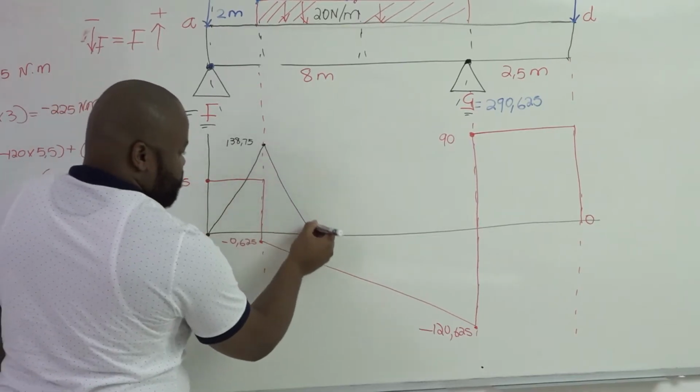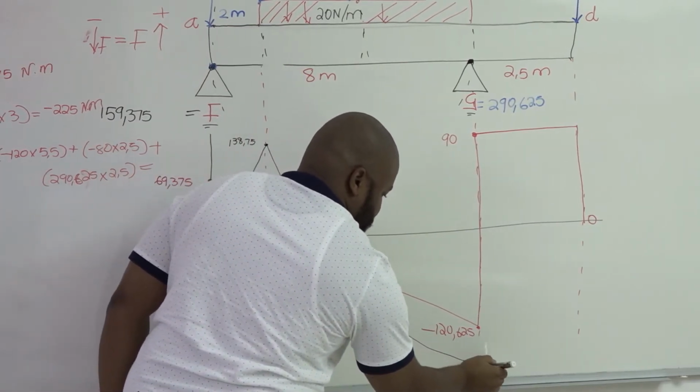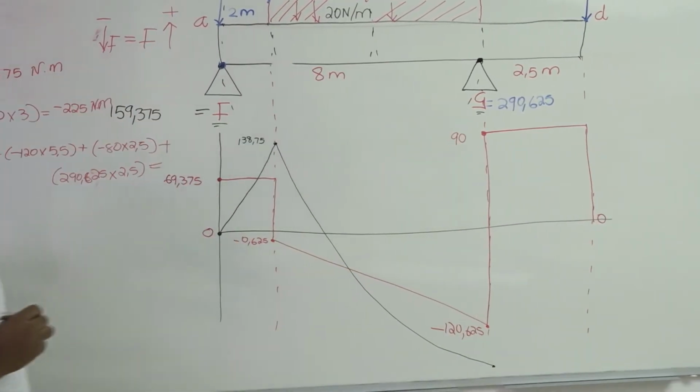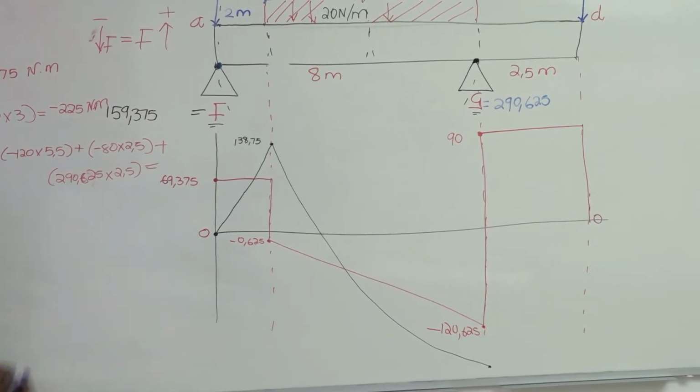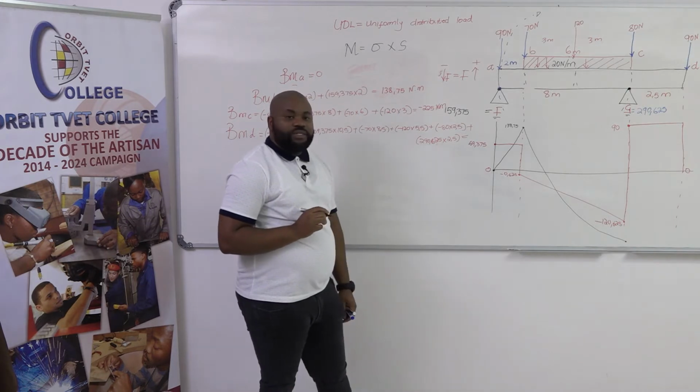We're now going to slope to our point. Remember that the drawings that we are now having are not being drawn to scale.